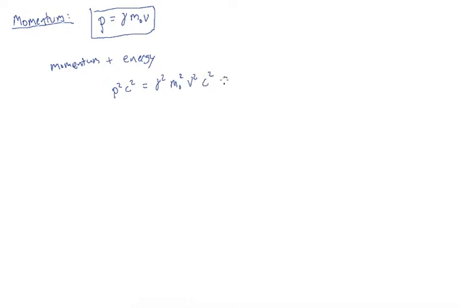And then we can do a few little algebra tricks here. Gamma squared, m naught squared, and we're going to do v squared over c squared, and you'll see why we do this in just a little bit, and then this becomes c to the fourth. All right, and then we go to the next line, and we're going to add and subtract something.